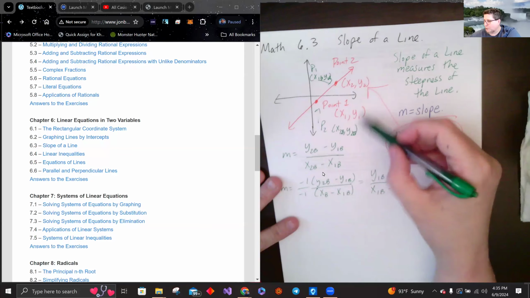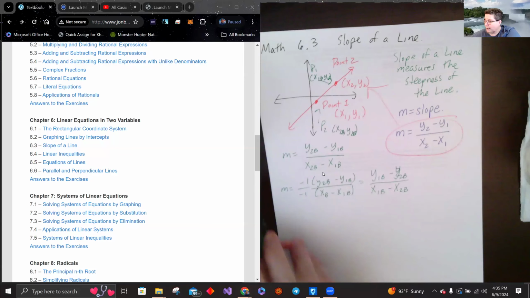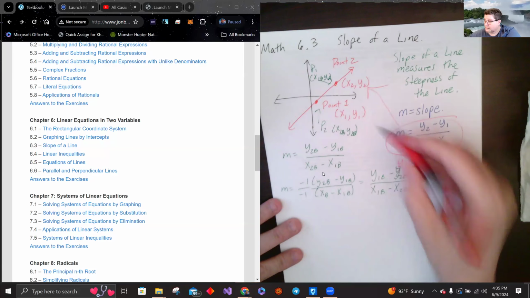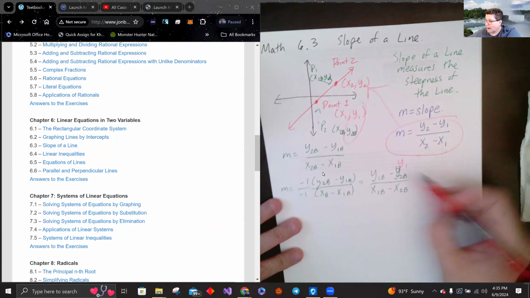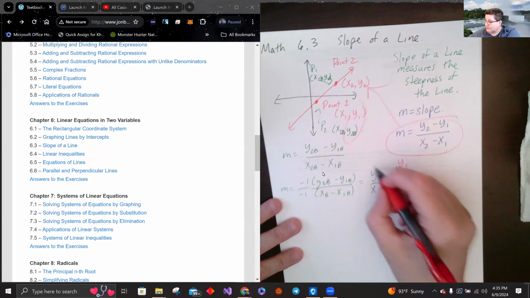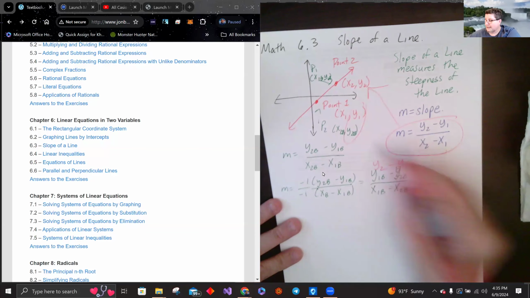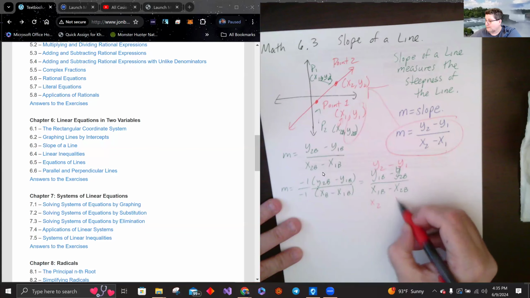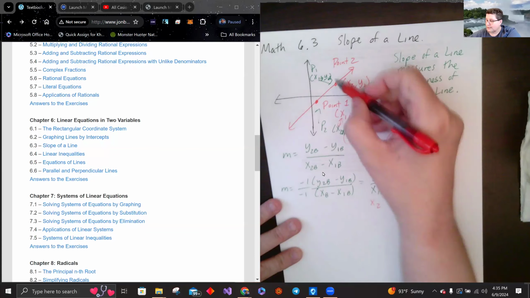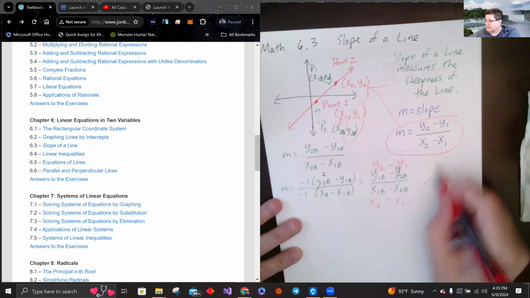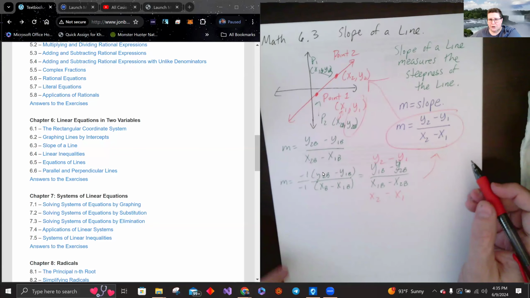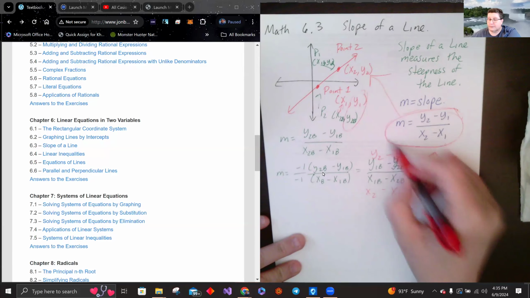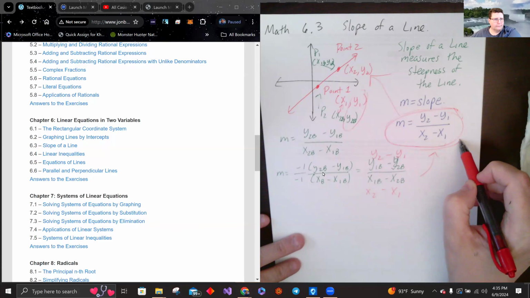But if we compare the points, y2b is y1, y1b is y2, x2b is x1, and x1b was x2. So it doesn't matter which order you do them. That might be confusing. This is the important part to remember.